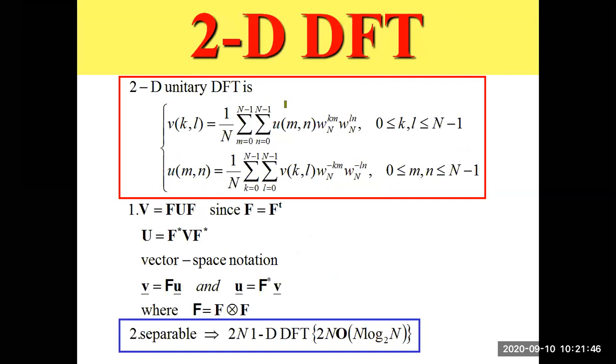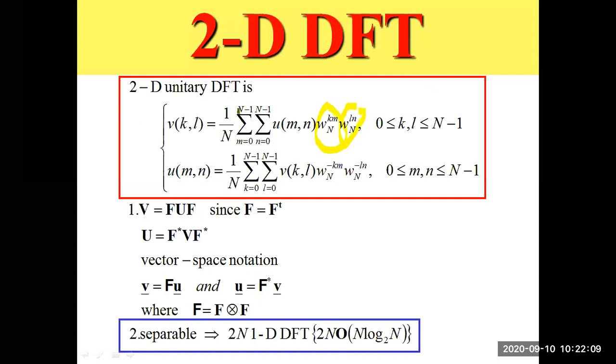Next, the same is extended to the two-dimensional discrete Fourier transform. Here, instead of one index k, we have two coefficient indices, k and l.